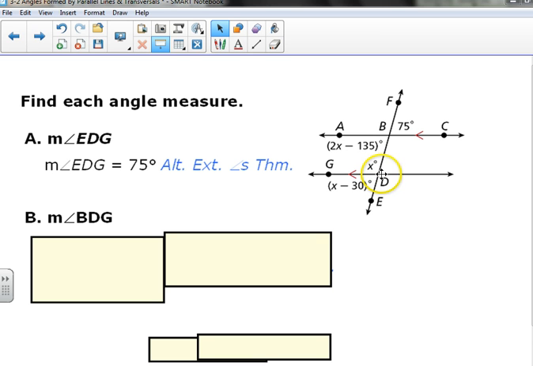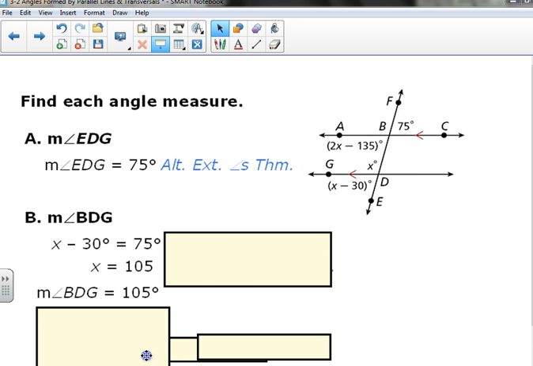Well, FBC is a linear pair with ABF, and then you could do corresponding. There you go. She says this 75 is a linear pair with ABF, and ABF is congruent to the angle we're looking for, BDG, because they're corresponding. And so what is this angle here, FBA? We said 105, so this angle must be 105.